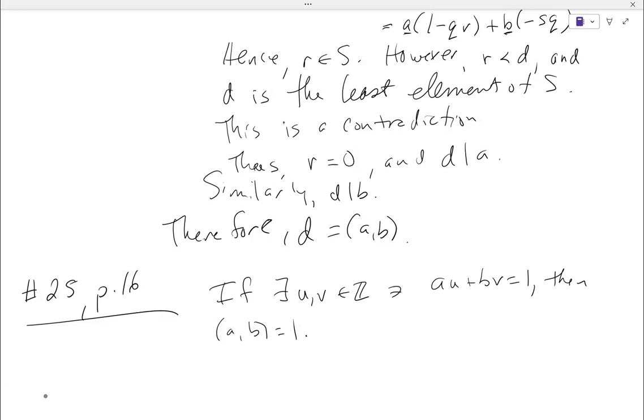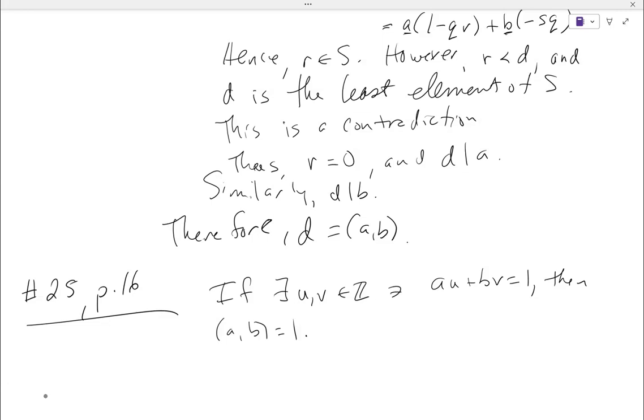So rather than write a whole bunch of stuff down, let's just think about why this has to be true. We just said that we can write the greatest common divisor of two integers as the smallest possible linear combination that you can get. We can take the set of all linear combinations. The greatest common divisor is the smallest positive linear combination that you can get.